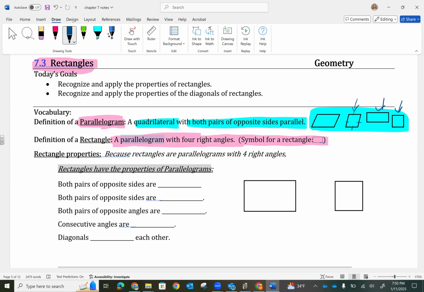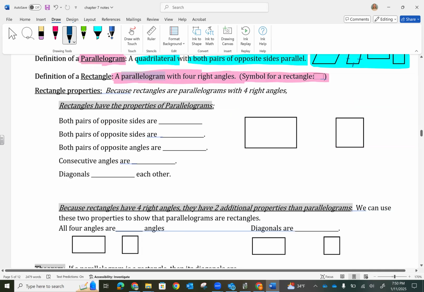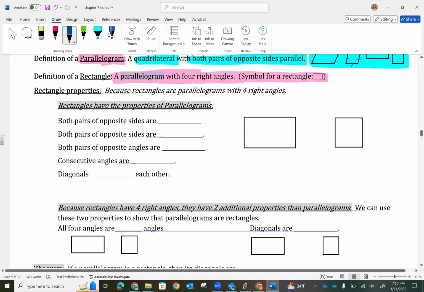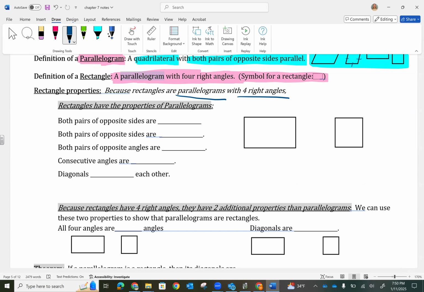So a rectangle is a parallelogram that has four right angles. The properties of a rectangle would be: a parallelogram with four right angles. And so it has parallelogram properties, which means opposite sides are going to be congruent.